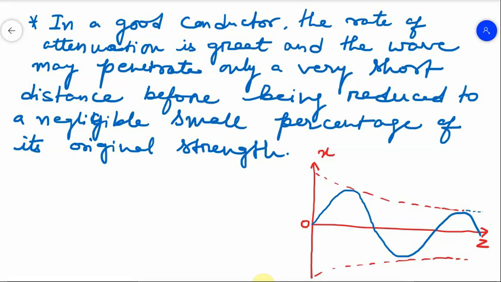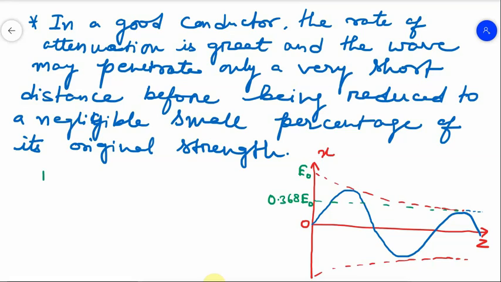Here you can see that the amplitude is decreasing, it is going to be attenuated. At this point the amplitude has decreased. Let's say this is E0, then this one is 0.368 E0, so it has reduced to 36.8%.